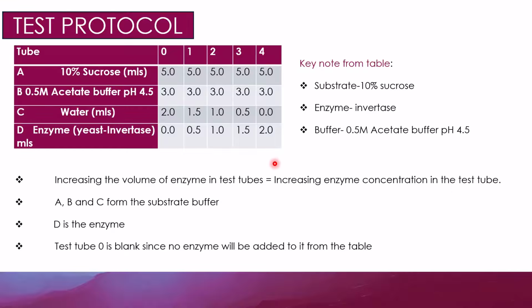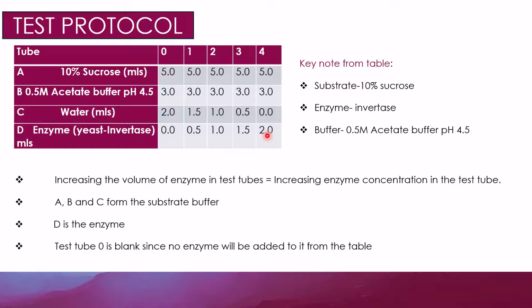As you can see over here, for each of the test tubes, we added different volumes of the enzyme. For test tube 0, we added 0.0 mls of the enzyme. For test tube 1, 0.5 mls. For test tube 2, 1.0 mls. Test tube 3, 1.5 mls, and test tube 4, 2.0 mls of the enzyme.